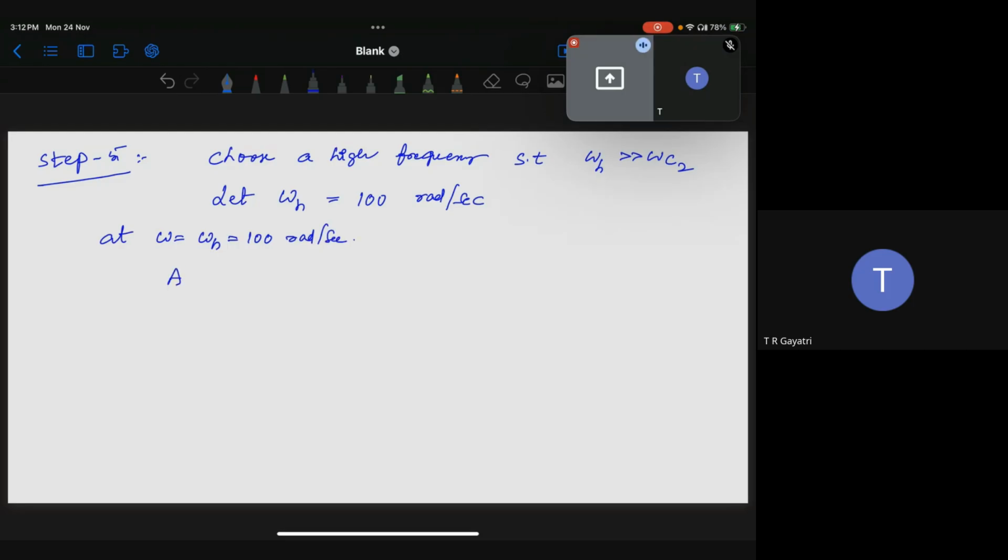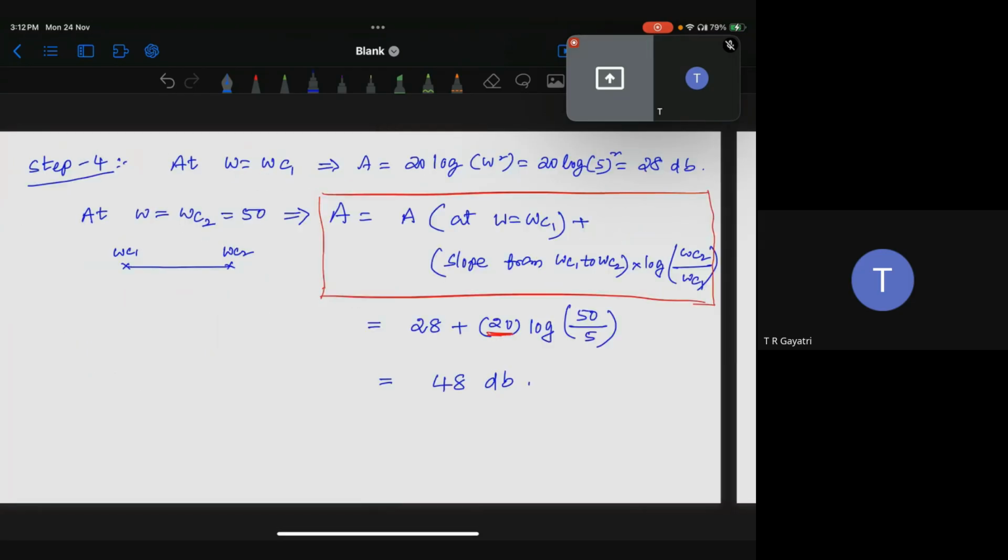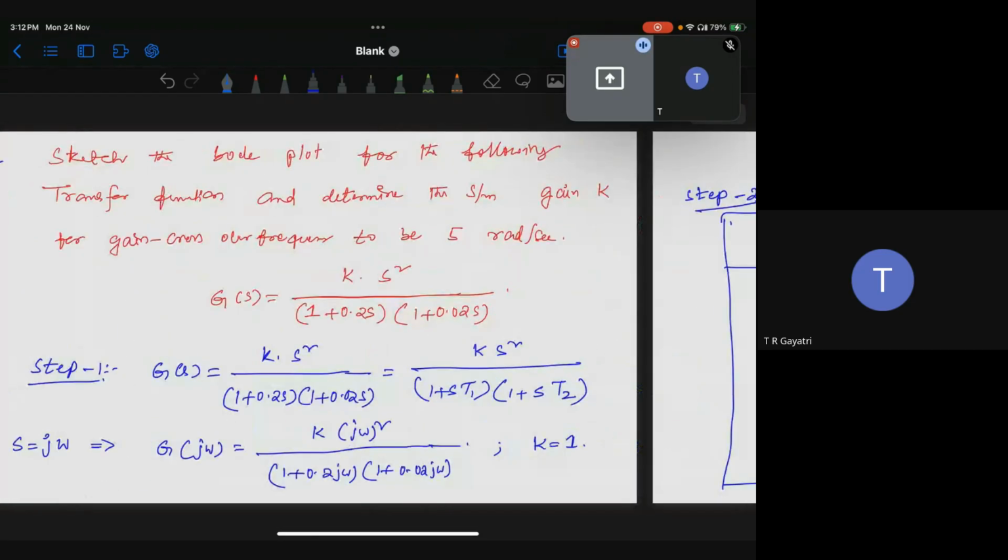So we wanted to calculate the magnitude. We calculate the magnitude in the similar way. A value at omega equal to omega C2 plus again the slope from omega C2 to omega H. That's the last slope in our table, multiplied by log omega H by omega C2. So that slope is how much?